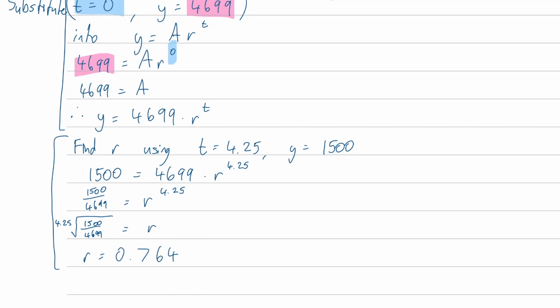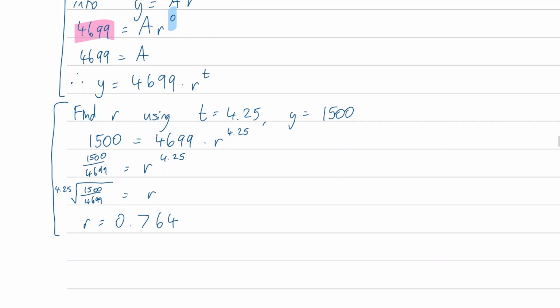All right, so we found r using the other point. Again, we're building up our model. Substituting that in, we get y equals 4,699 times 0.764 to the power of t. This is our fully characterized model. What I mean by that is we can put in any input, t, to get any output, y, or we could go the other way, put in an output, y, to get an input, t.